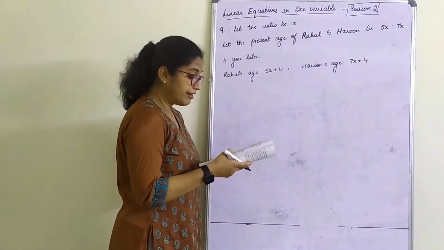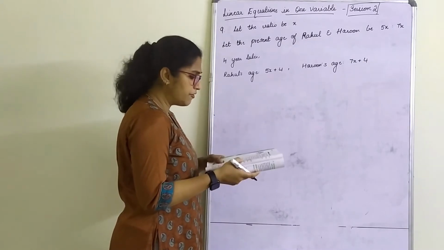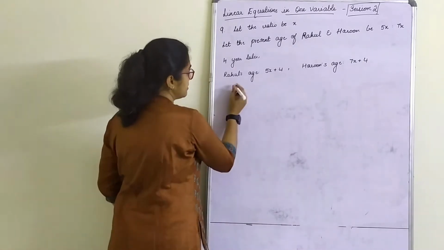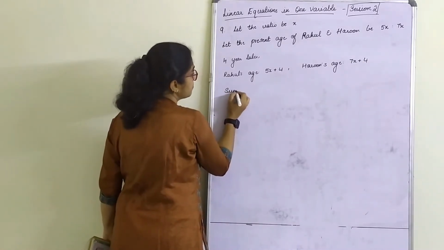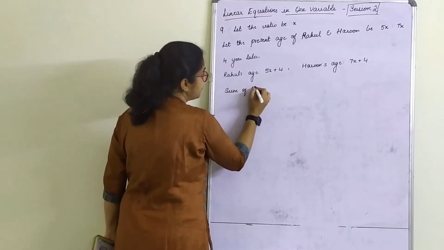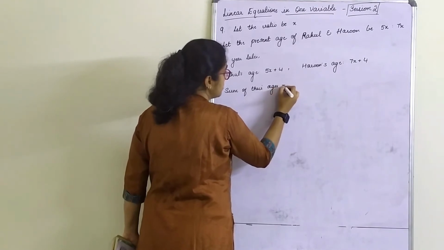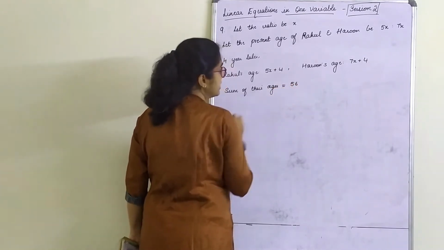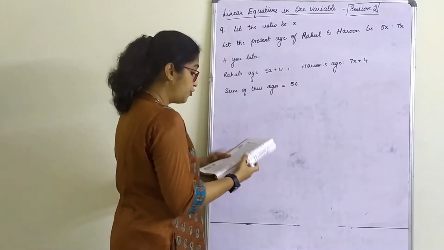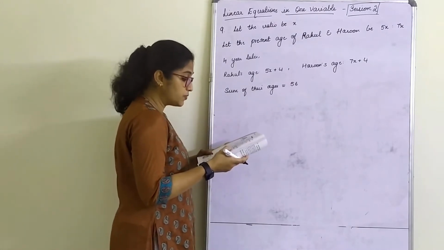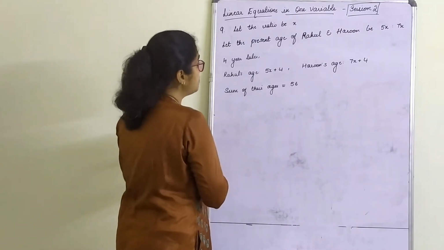Okay, further we'll read. 4 years later, the sum of their ages will be 56. So 4 years later, the sum of their ages will be 56 years. What are their present ages?